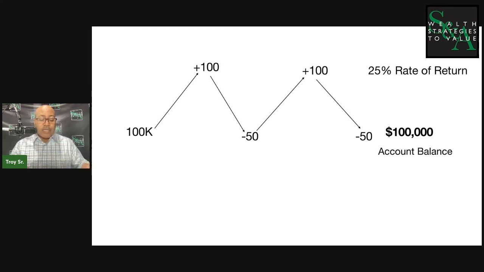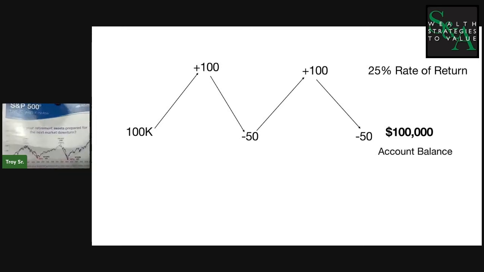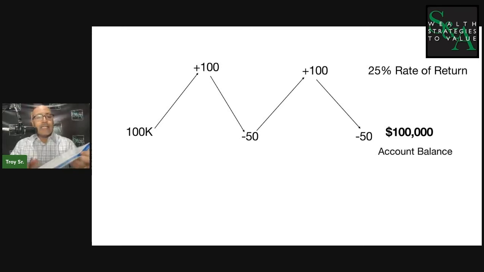Your boy Troy's done his homework, because what I have in front of me is the history of the last 20 years of the S&P 500. And guess what it shows? In January of 1997, the S&P was at 741. And in March of 2000, it grew to 1527.